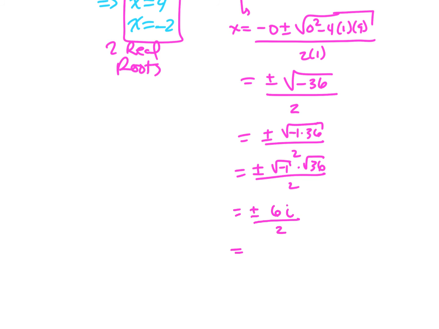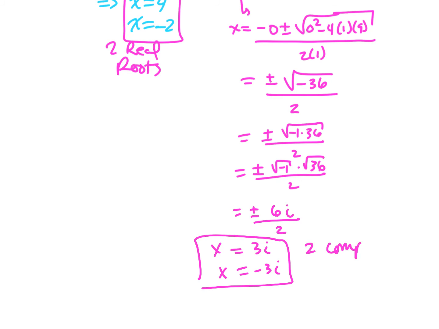So that is 3i and minus 3i. So x equals 3i and -3i. So then I have 2 complex roots. Sometimes you don't need a calculator. The 36 is the 6.